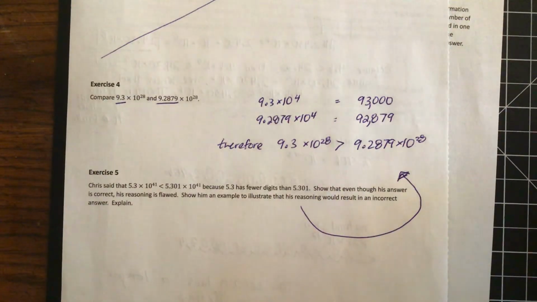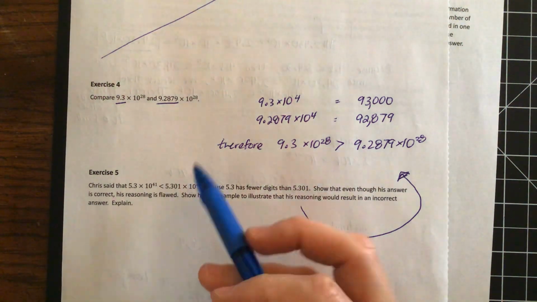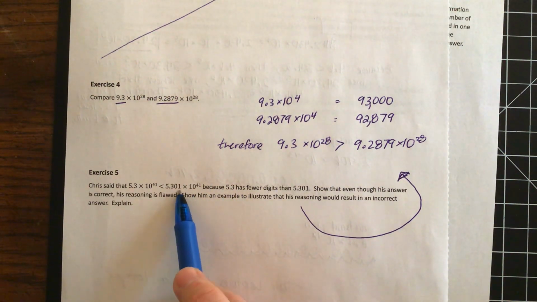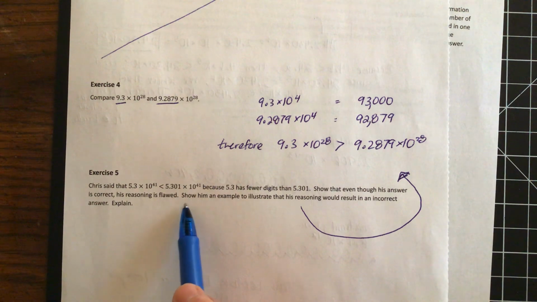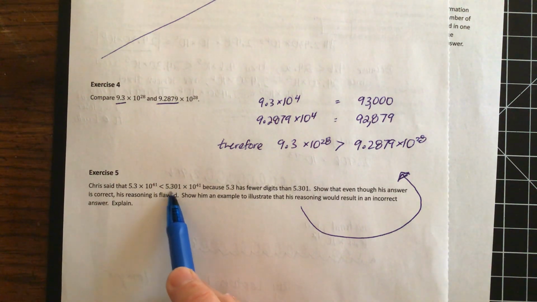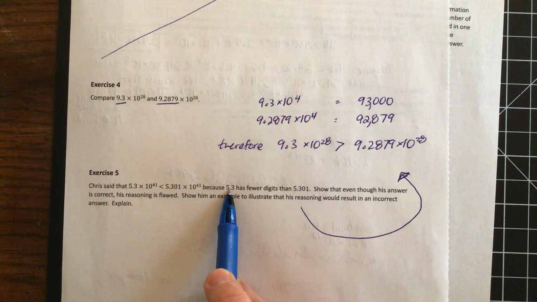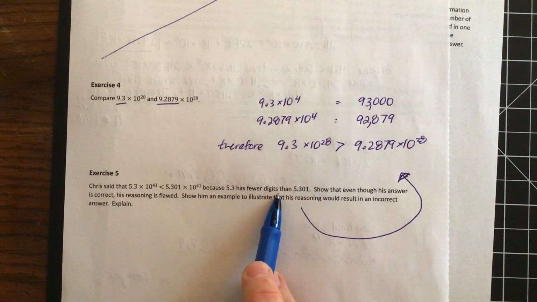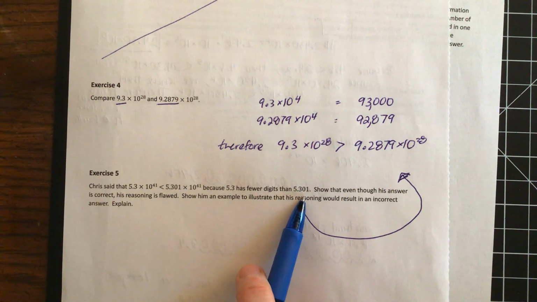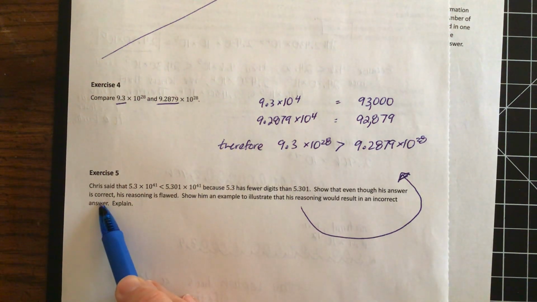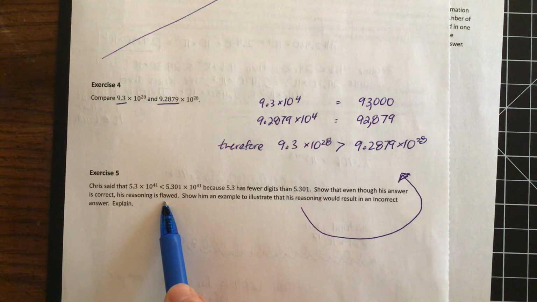Then exercise 5, which says that Chris said that 5.3 times 10 to the 41st is less than 5.301 times 10 to the 41st because 5.3 has fewer digits than 5.301. Show that even though his answer is correct, his reasoning is flawed.